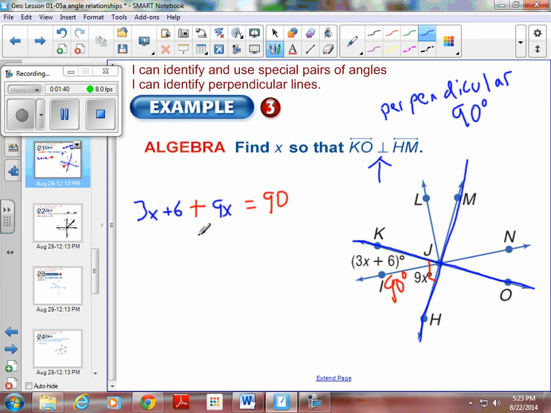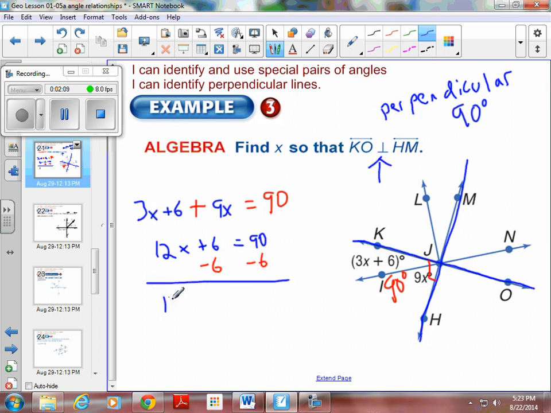So 3x plus 9x would be, 3 plus 9 is 12, so 12x plus 6 is equal to 90. You're going to find we're going to practice our algebra skills a lot in this whole year. Next, we want to isolate the variable, so subtract 6 from both sides. There we go.